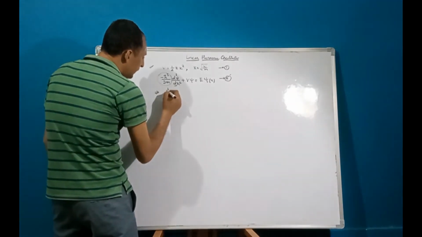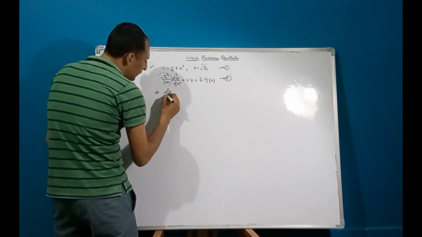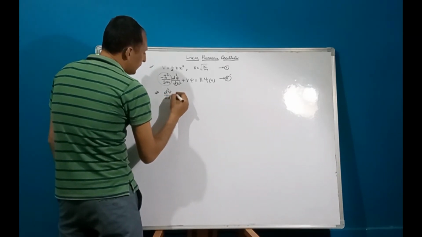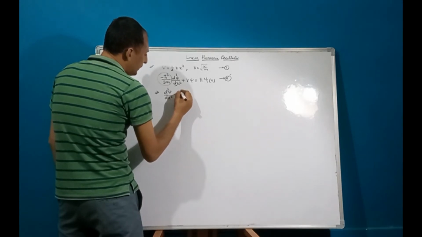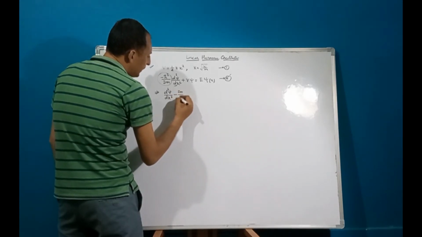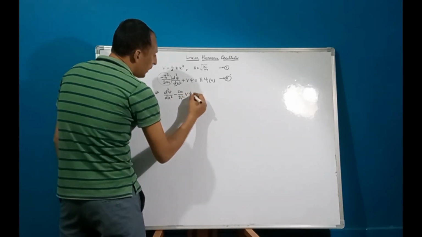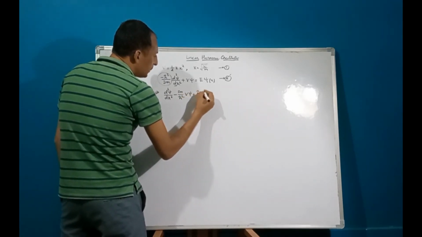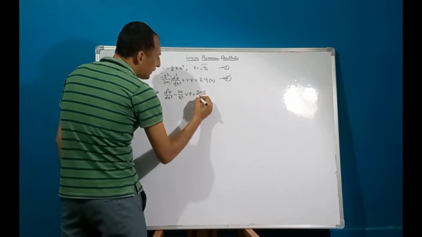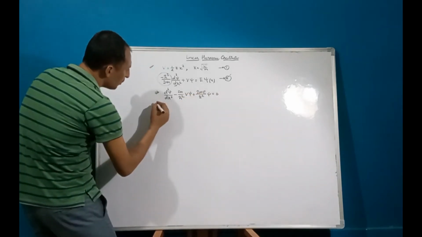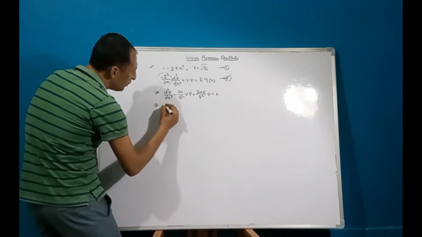What we get is d2 psi over dx square plus twice m over h cross square V psi plus twice m E over h cross square psi is equal to 0.